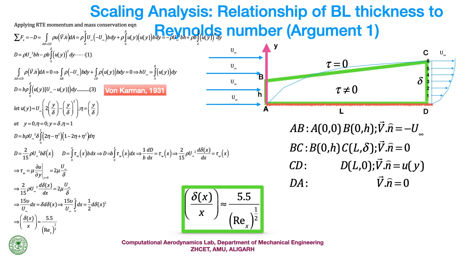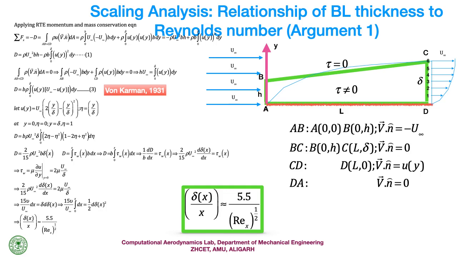Now, this procedure was given by von Karman in 1931. He was one of the students of Prandtl. Now, if I assume a velocity profile at the exit CD, which can be any shape, but here I have used a certain velocity profile which is very prevalent.